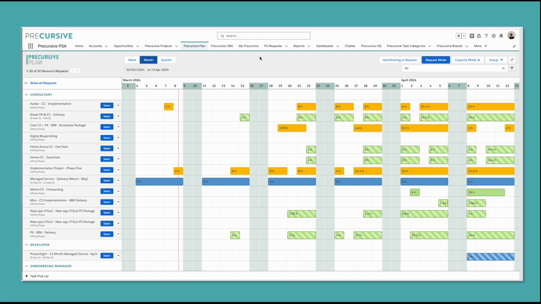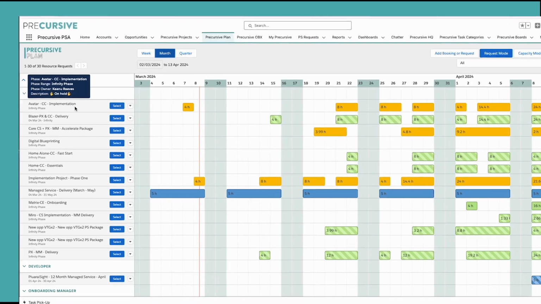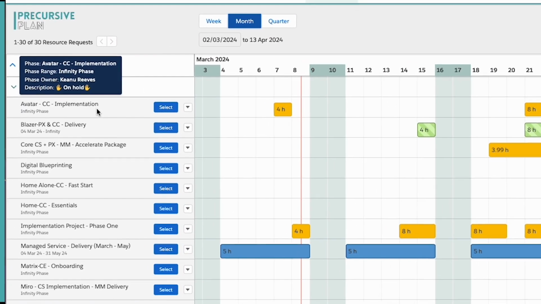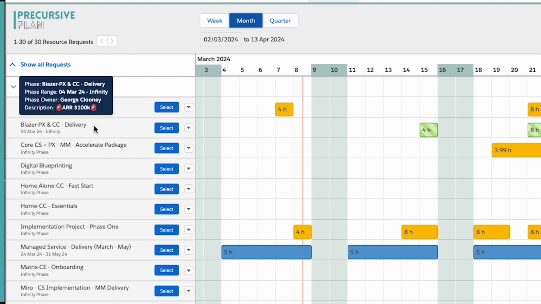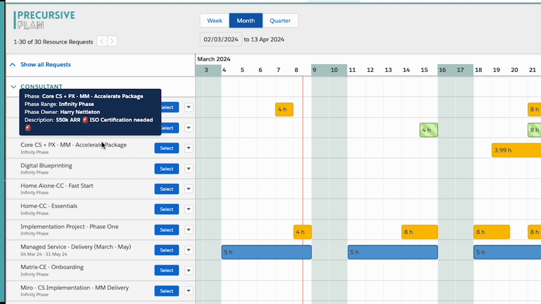In our request mode, we've got these requirements for upcoming projects down the left-hand side. And then we can see, for example, what's happening with some of these projects. This one's on hold. We've got a deal here which is 100k ARR that's forecast, so we may want to do something about that. We can also see here we've got a project where we need a specific skill set for the consultant on that work.